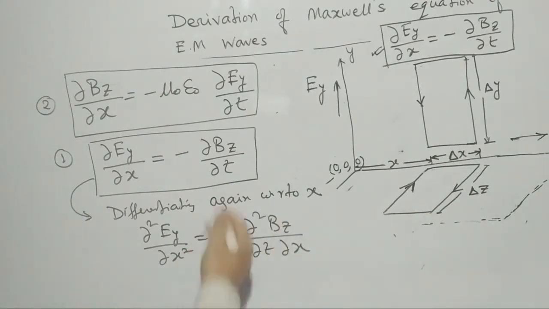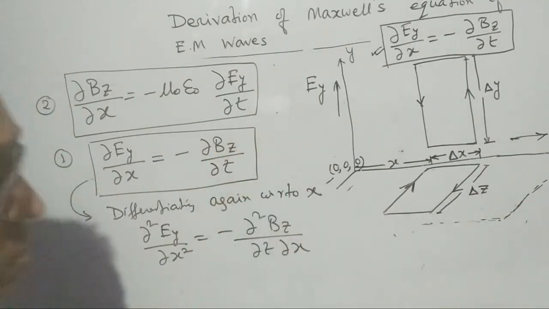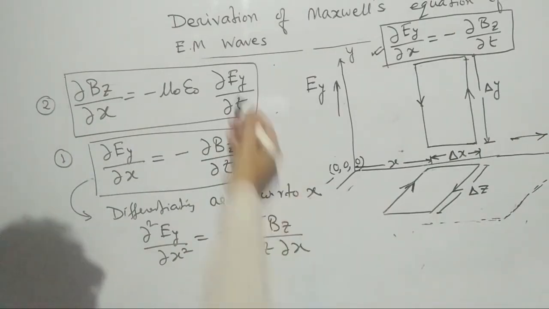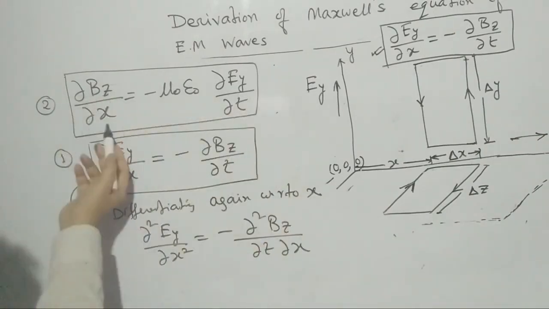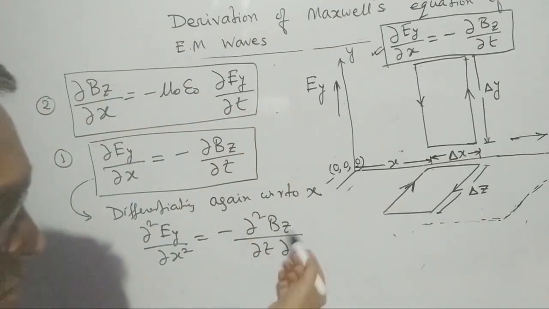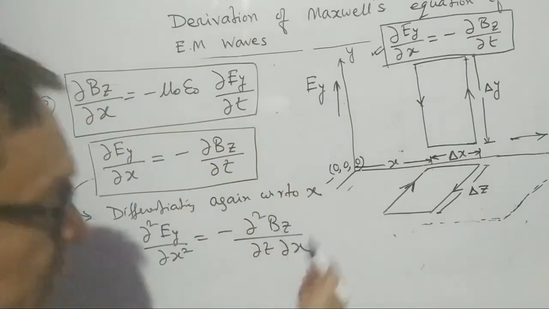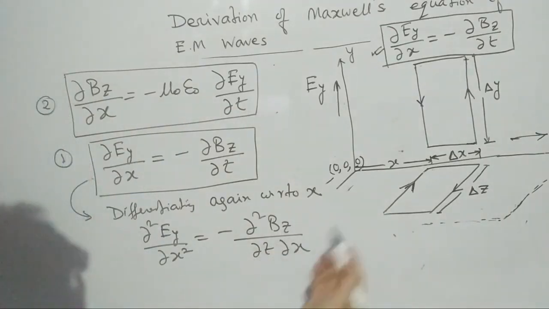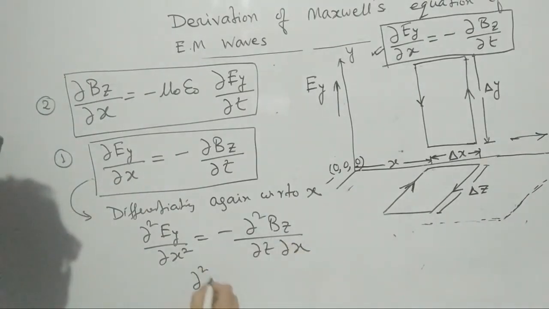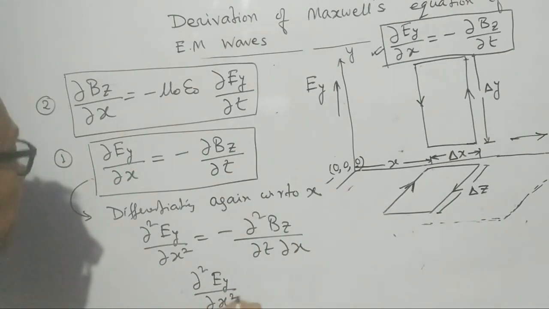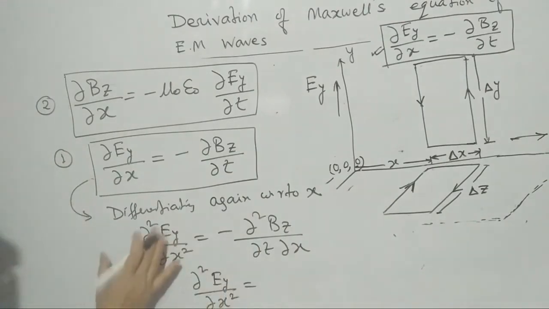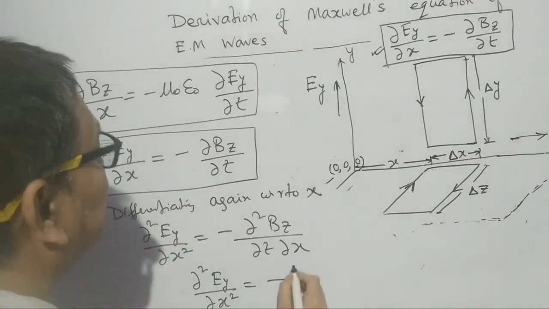So we have differentiated both sides with respect to x. Now see, in our first equation we have got del Bz by del x. So we have to make some changes here on the right hand side of this equation. What we can do, we can write it like this: del square Ey by del x square. So left hand side intact.